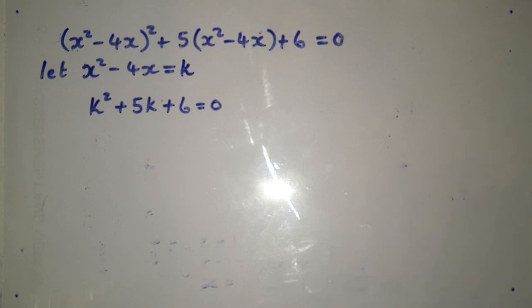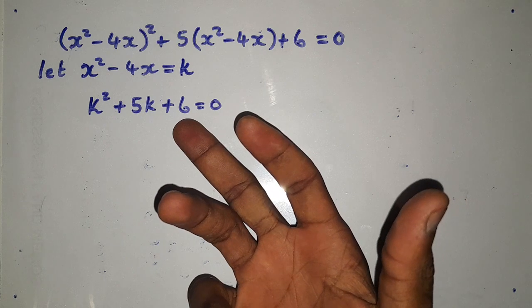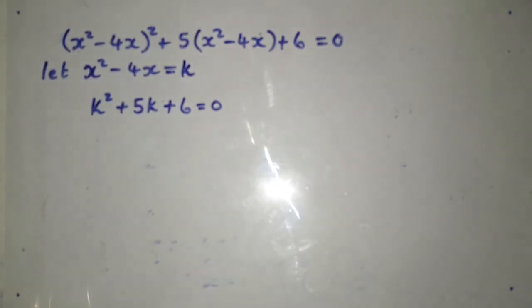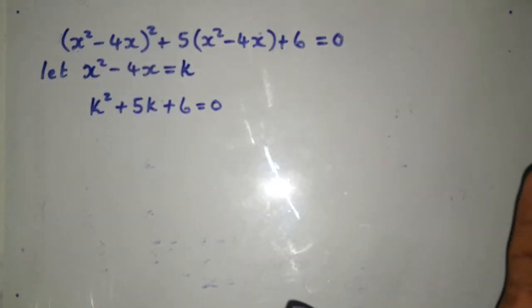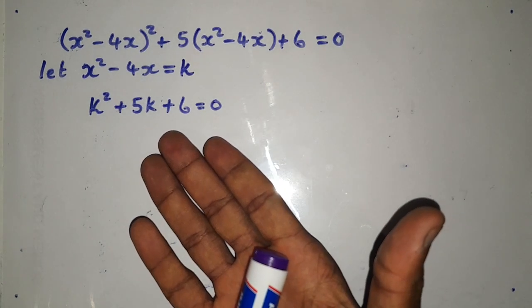Immediately after doing this, we can ask ourselves, what are the factors of 6 that when we add them we get 5? So simple. It is 3 and 2. You can use the quadratic formula if you want to.